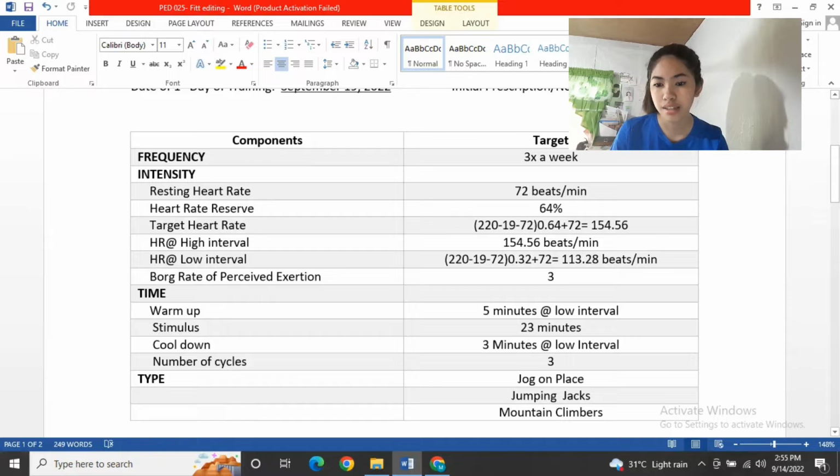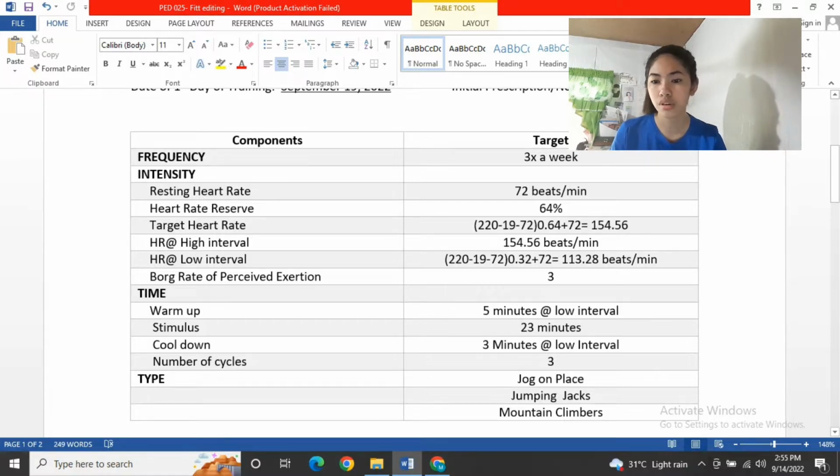Target heart rate is, we came up with this formula, which is 220, the constant, minus my age, which is 19, minus my resting heart rate, which is 72, times the heart rate reserve, which is 0.64, plus 72 again, my resting heart rate, equal to 154.56 beats per minute. So it falls under heart rate high interval.